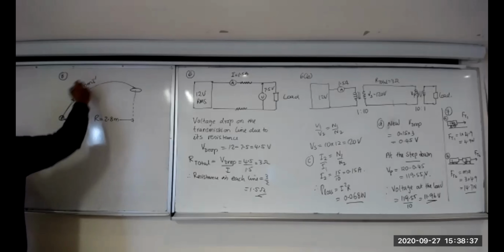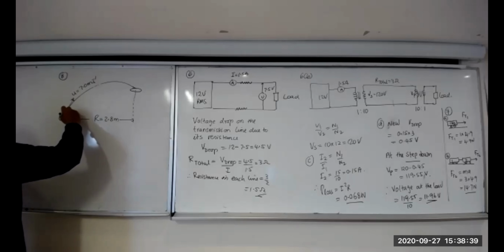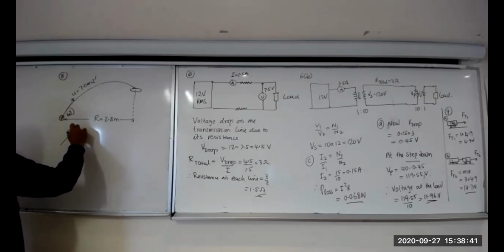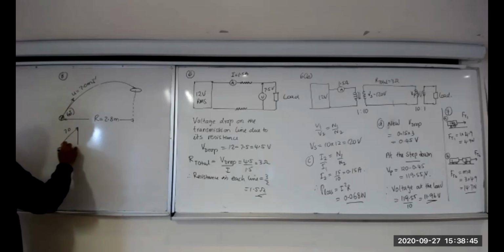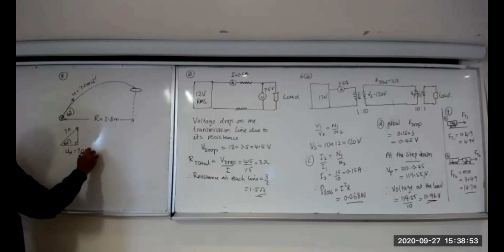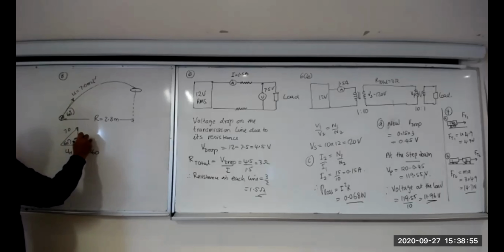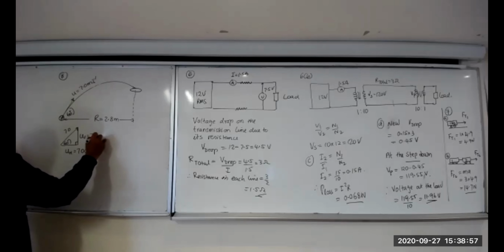You need to split this into two components. So remember your horizontal and vertical components. Seven cos 60. Your vertical is 7 sine 60.